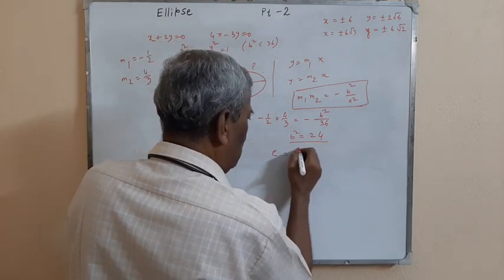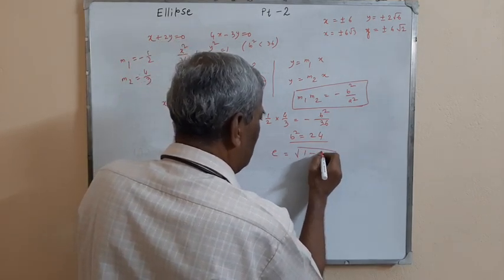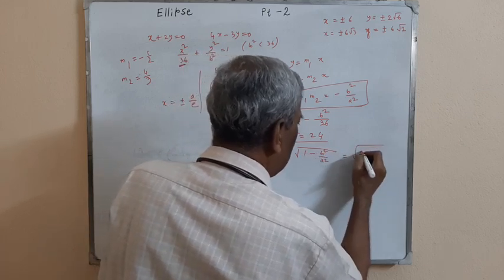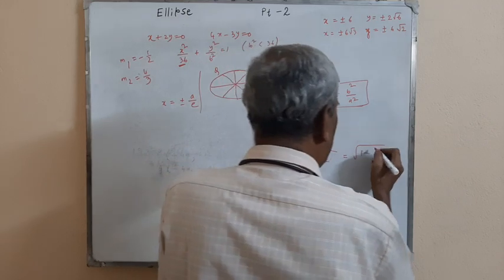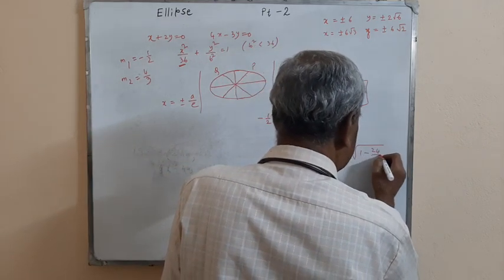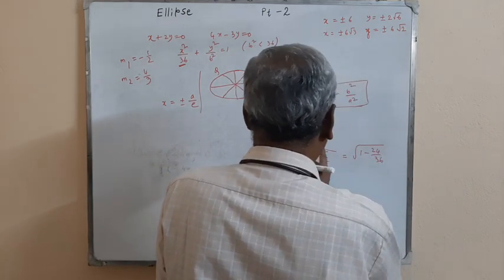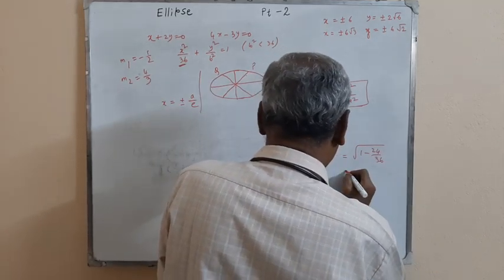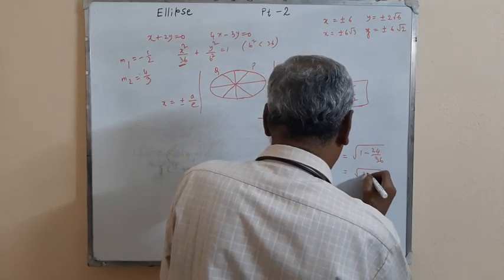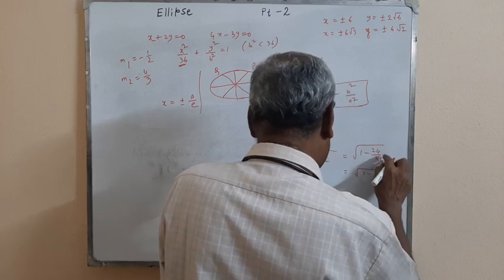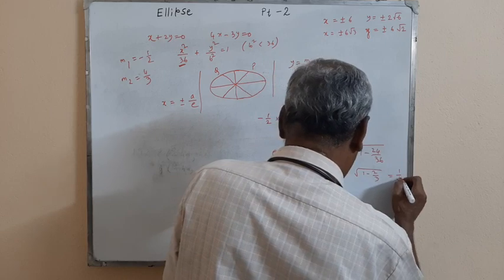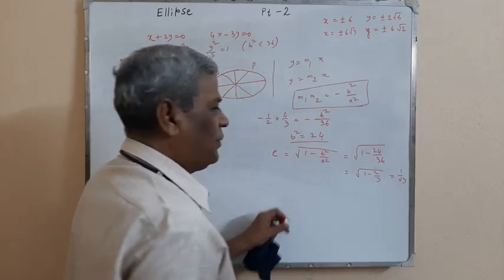E is equal to root over of 1 minus b square by a square, which is root over of 1 minus 24 by 36. A square is this, b square is just now obtained. So root over of 1 minus 2 by 3, so it is root of 1 by 3, that is 1 by root 3.